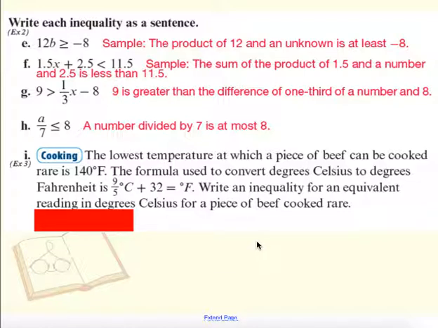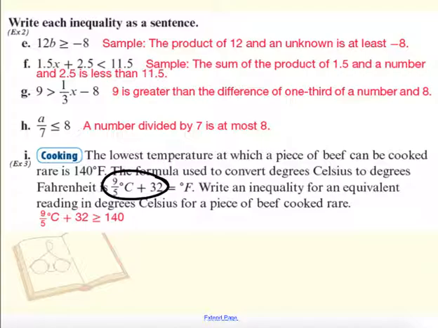Okay, so when we look at this, since 140 is where we need to get, we need this part of the inequality to be greater than or equal to 140, meaning we need to get it at 141, 142, 143. So that piece of it, with Celsius included, needs to be greater than or equal to 140 degrees.